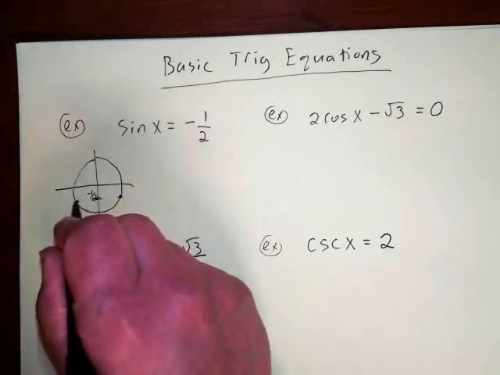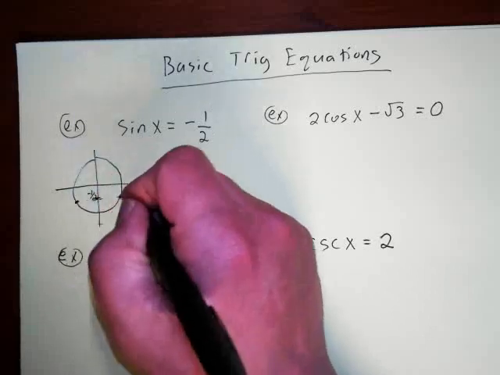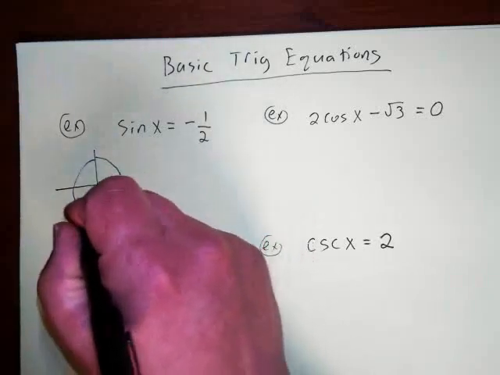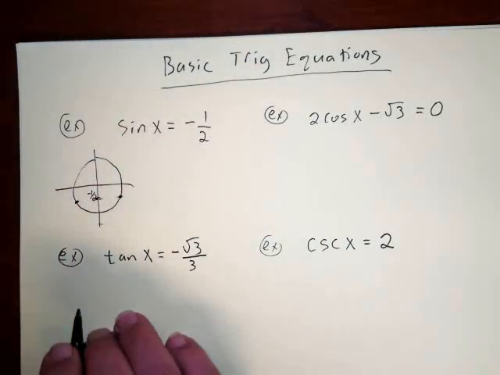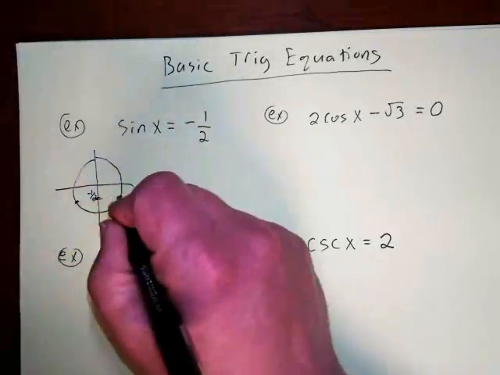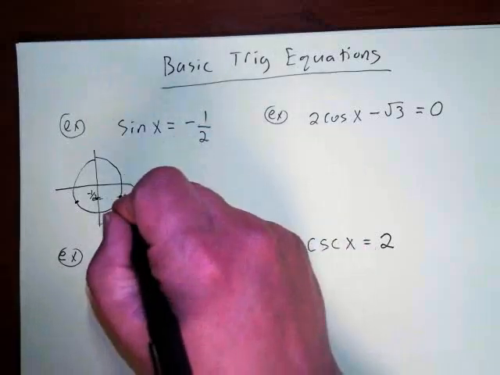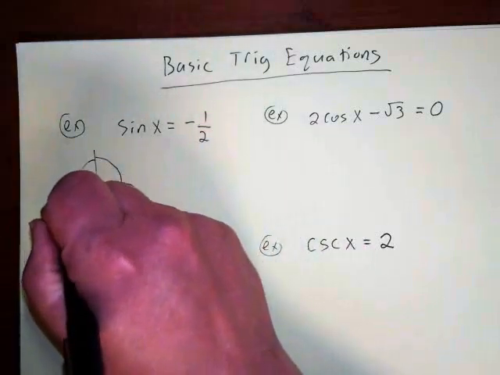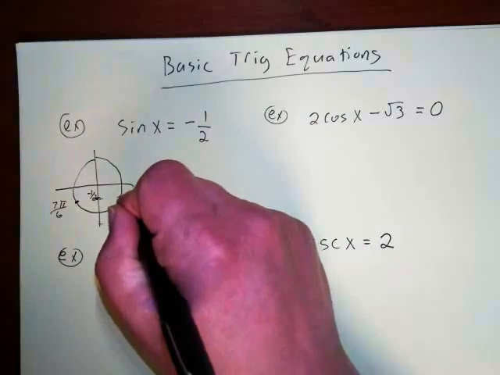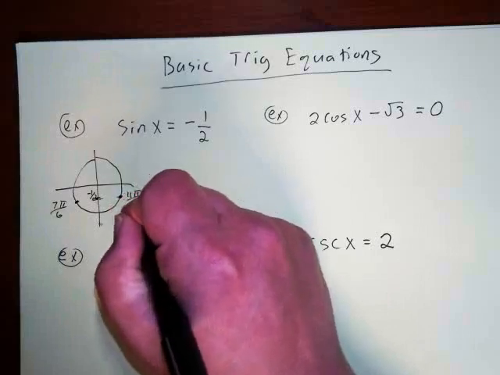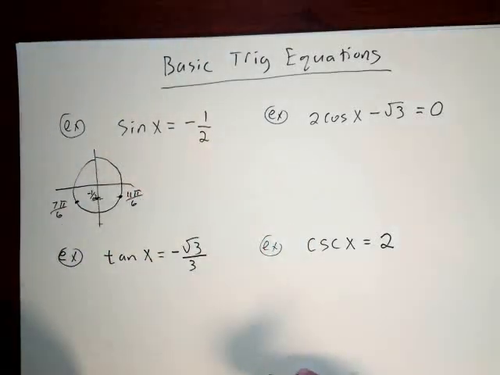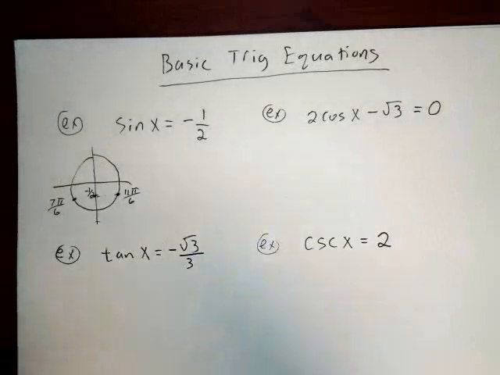Between 0 and 2 pi, there are two angles that give you a y-coordinate of negative 1/2. These are special angles: this one is 7 pi over 6, and this one is 11 pi over 6. This is why knowing the special angles in the unit circle is important here.